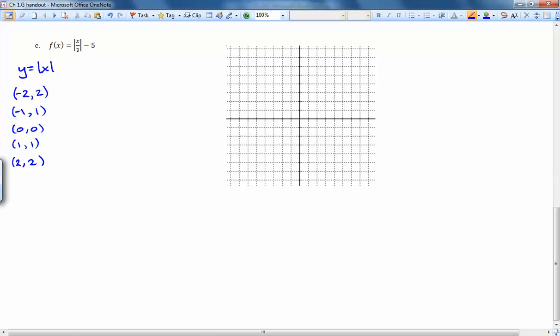So then what we're going to do is apply the transformation that gets it to absolute value of x over 3. Now when we do that, this is the same thing as a horizontal stretch by a factor of 3.